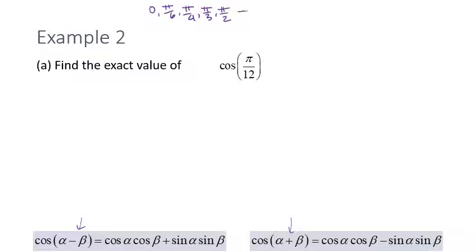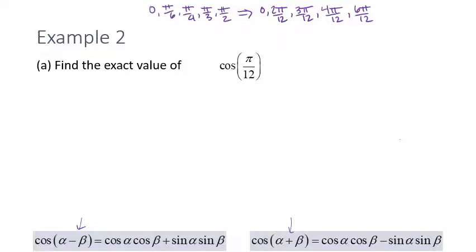So what I'm going to do is convert those so that those are all in terms of a denominator of 12. So pi over 6 is equal to 2 pi over 12. I just multiplied by 2 over 2. Pi over 4 is equivalent to 3 pi over 12. Pi over 3 is equivalent to 4 pi over 12. And then pi over 2 is equivalent to 6 pi over 12.